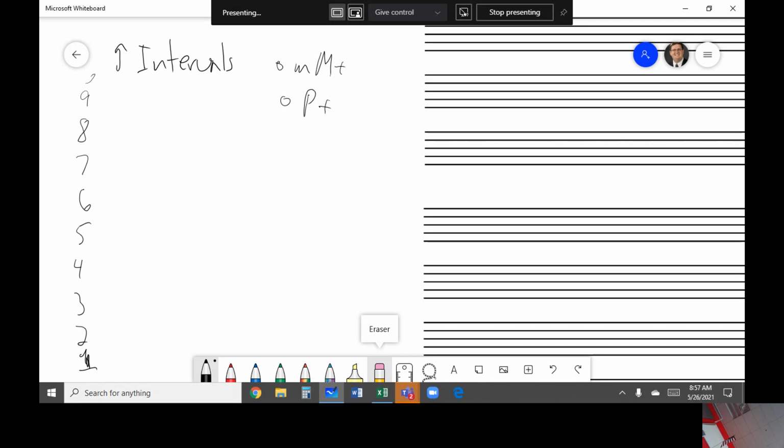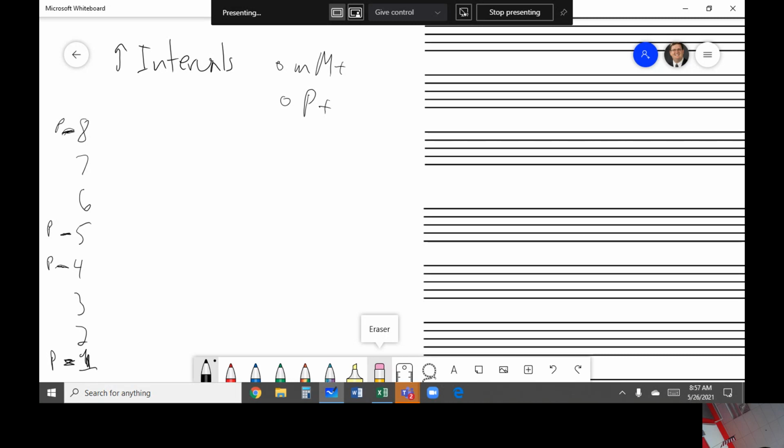Let's start with your perfect intervals first. Without worrying about the extended intervals like the ninths, tenths, and elevenths, let's just take the intervals inside of an octave. Your unison, fourths, fifths, and octaves are going to be called your perfect intervals. That means that in their normal state, they are what's called perfect: a perfect fourth, a perfect fifth, a perfect eighth, a perfect unison.